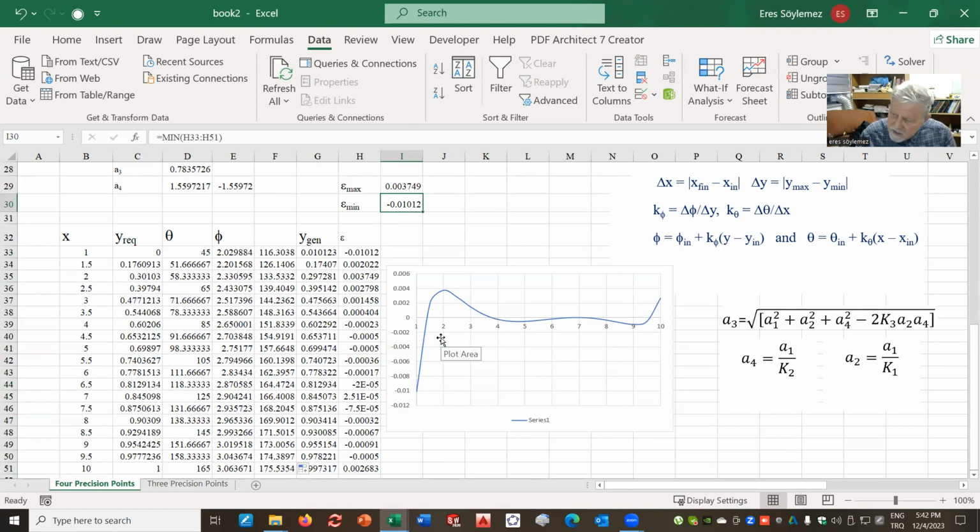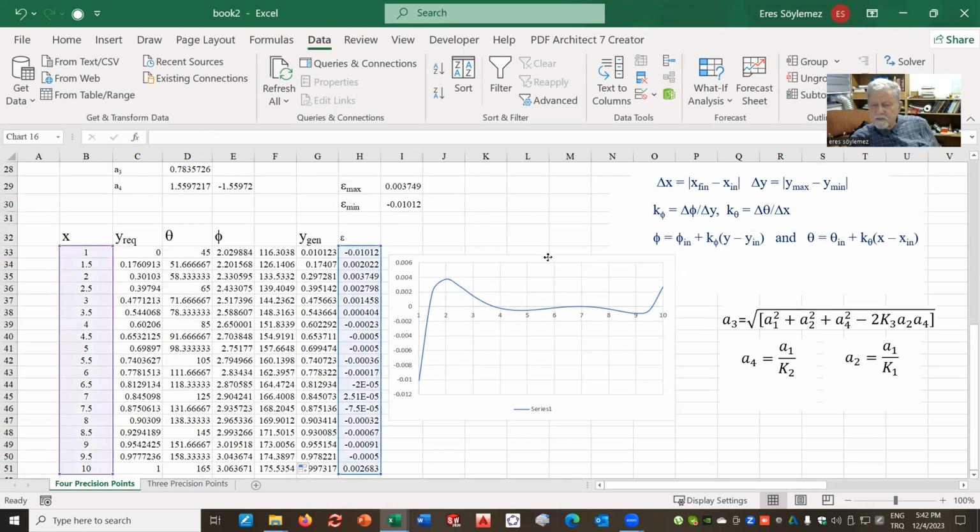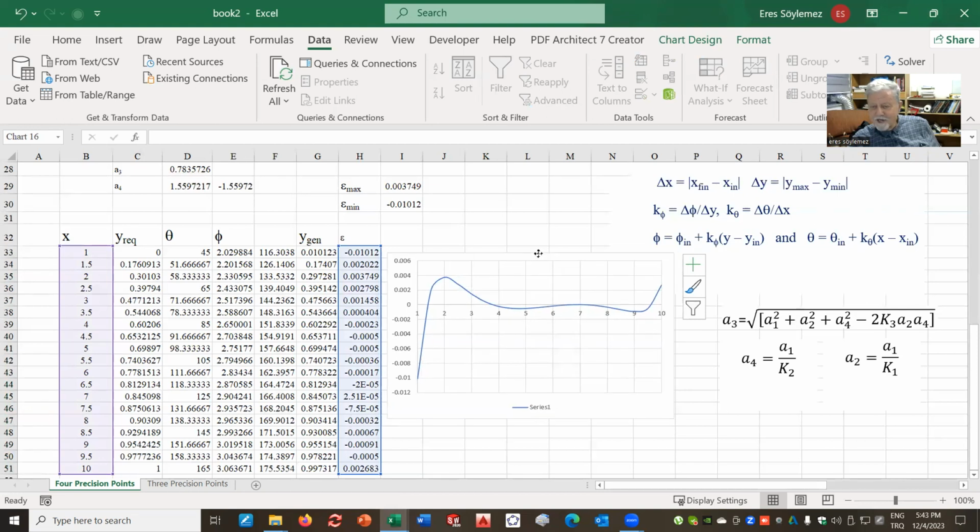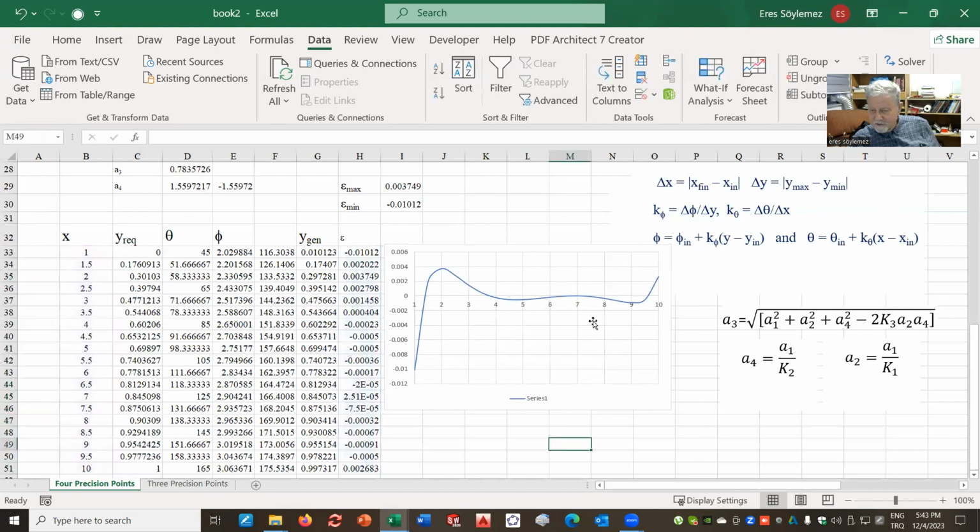There's a method known as Freudenstein's respacing formula. I'm not going to discuss that, with which you can make those errors equal. But even with simple Chebyshev spacing, you can see that you have decreased the error more than tenfold, by the way. And it is interesting to note that the number of precision points is 1, 2, 3, 4, 5. So you have an extra bonus in this case.